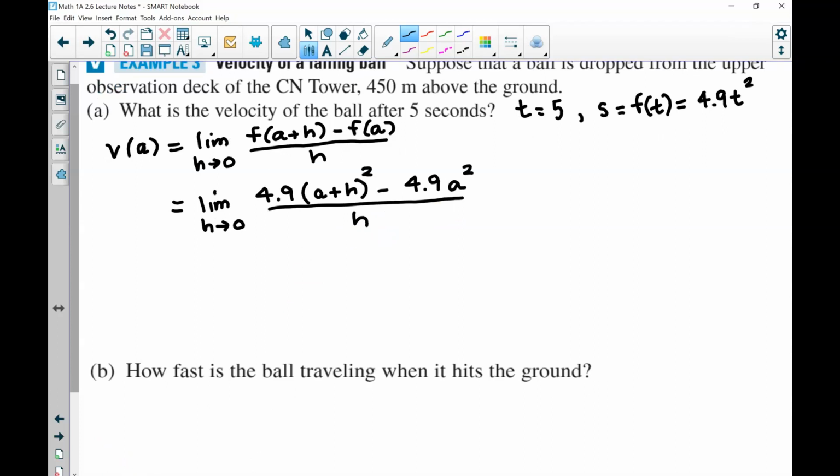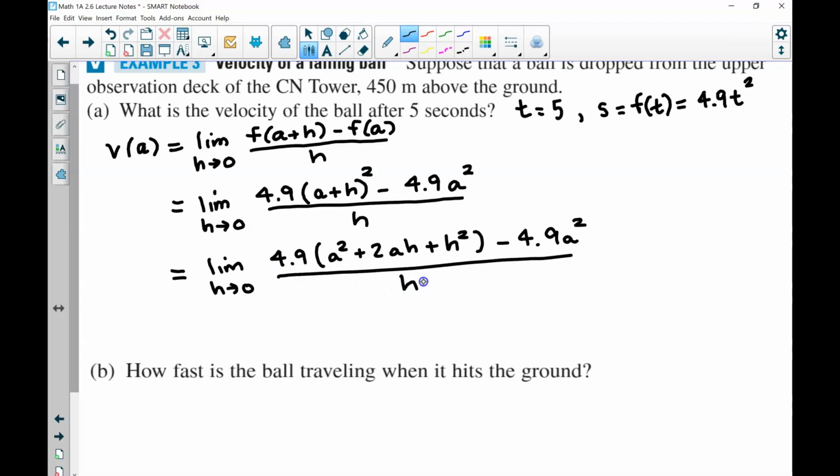So now let's expand this a little further. If we expand this, we would end up with 4.9 times a squared plus 2ah plus h squared, minus 4.9 a squared, all over the value of h.